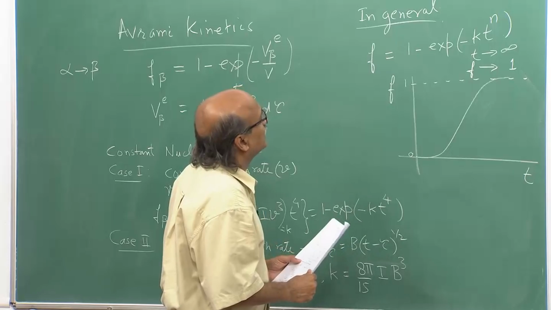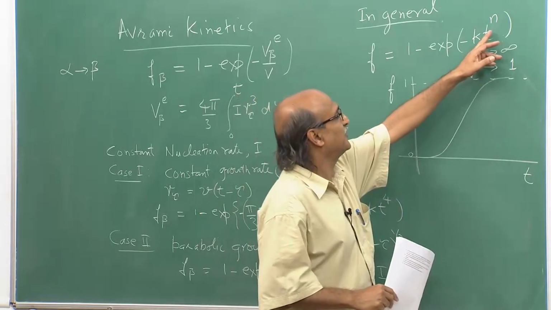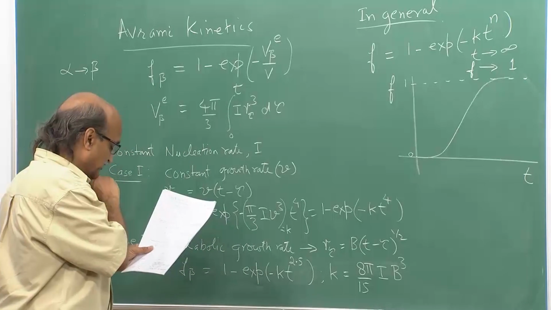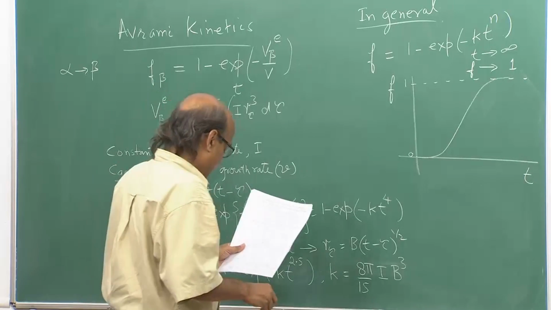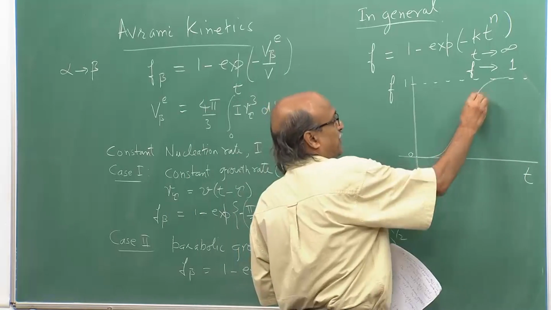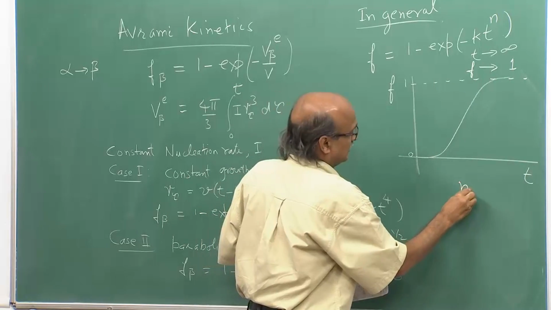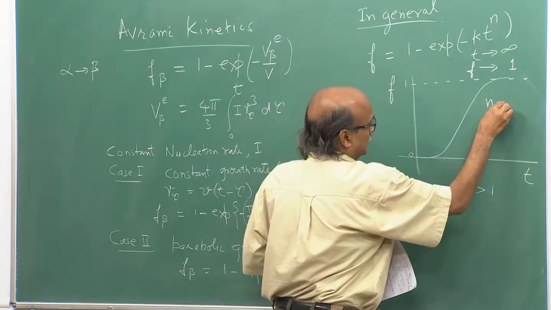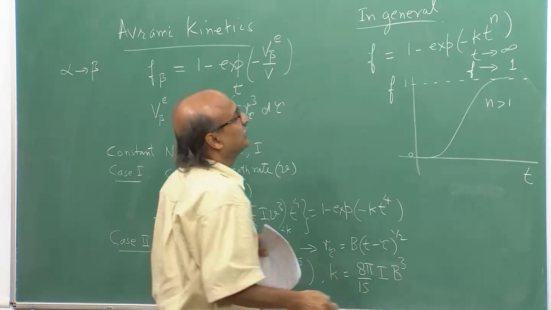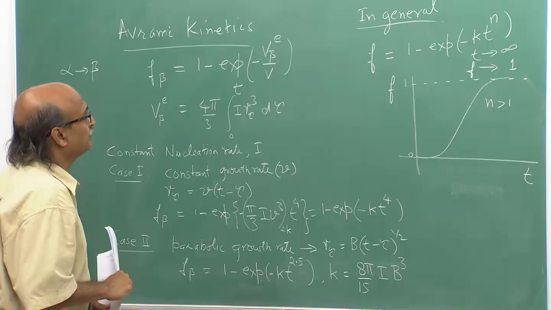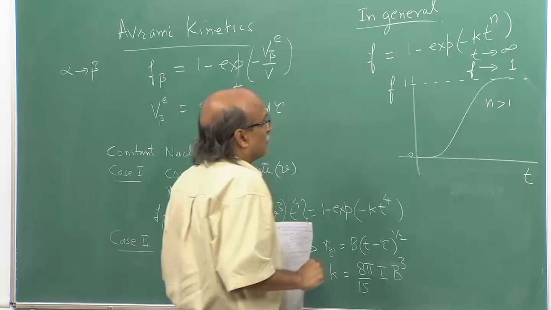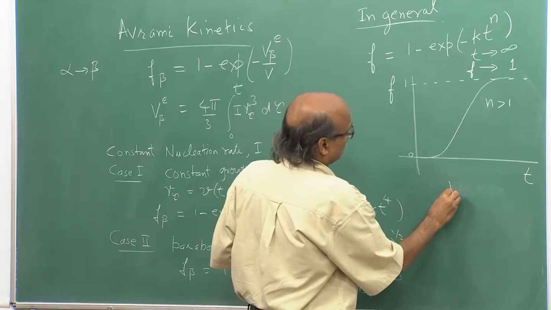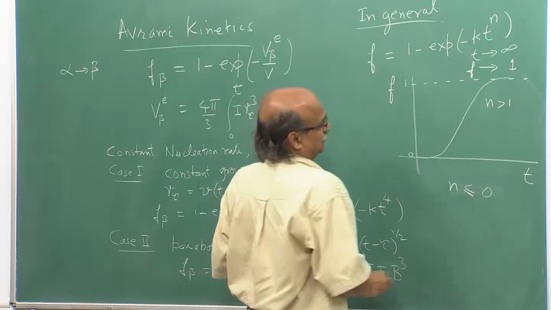And then this function can be examined for different values of n. So, for example, you will get a shape like this for n greater than 1. So, this is a shape corresponding to n greater than 1. What happens for, let us say, n less than or equal to 0?